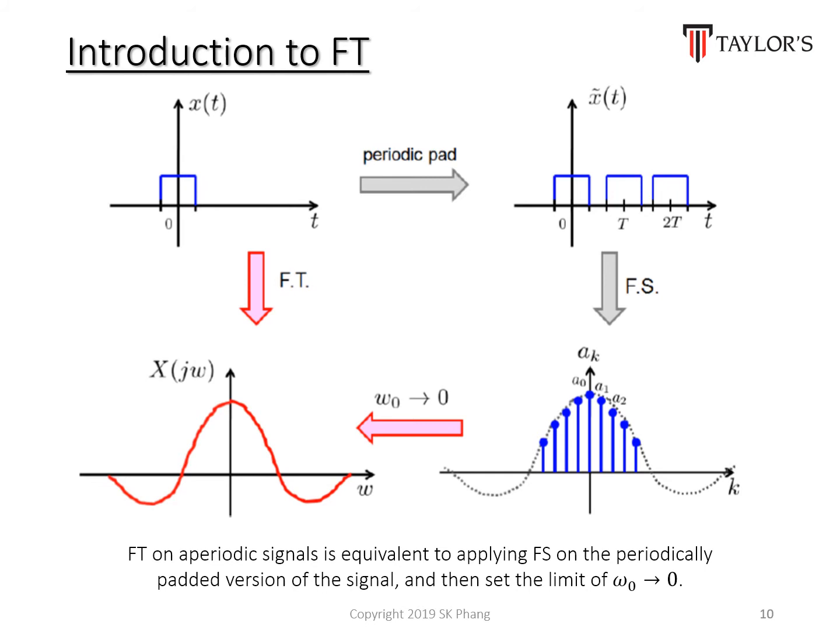This one is a better illustration of what I just said earlier, because the drawing is much nicer than my own. Initially, we have a single rectangular pulse, which is obviously aperiodic. To find the Fourier transform, we assume that this signal is periodic, so we just copy and paste many copies of it. From here, we find the Fourier series, which gives us all the spikes.